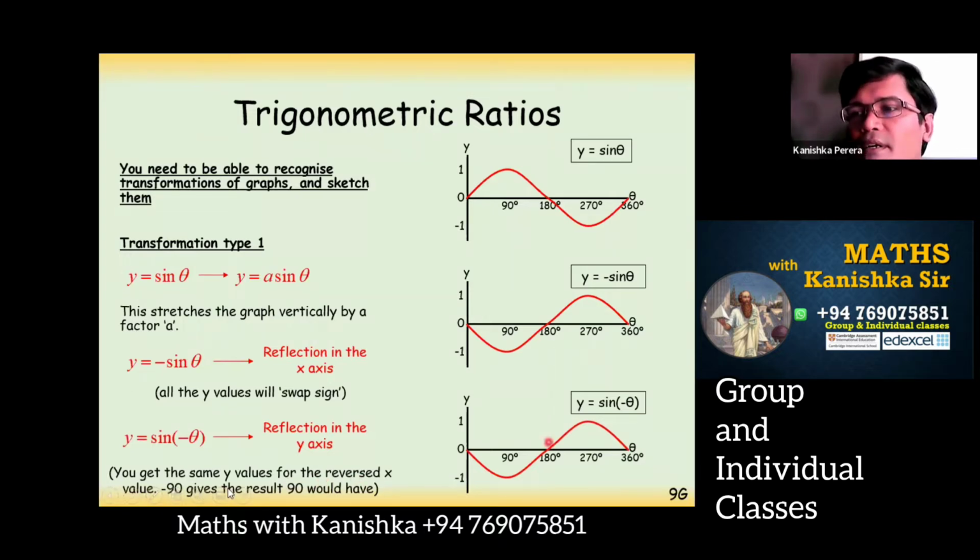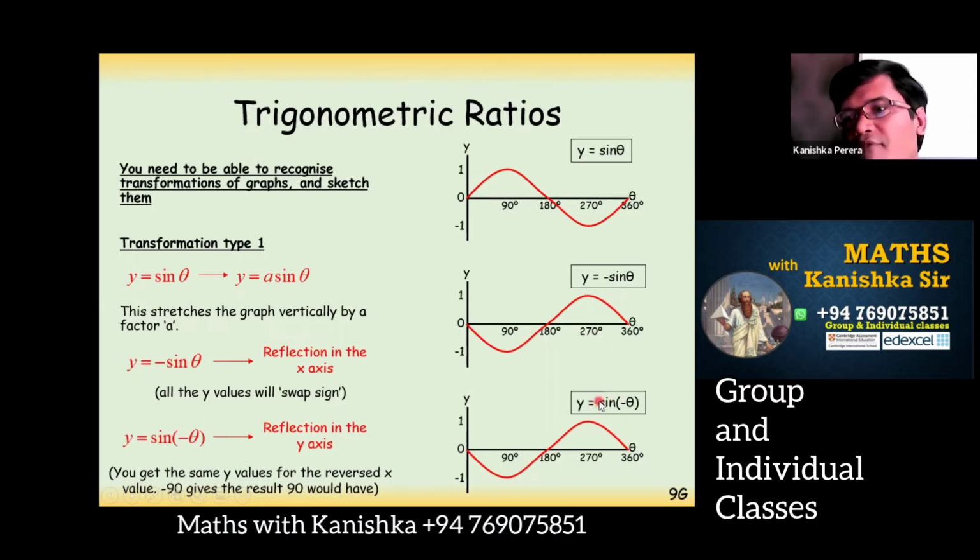So likewise, you can find out what is happening over here. Even though these values are going to be changed, for the sine, the same one that you are getting as this one, right?